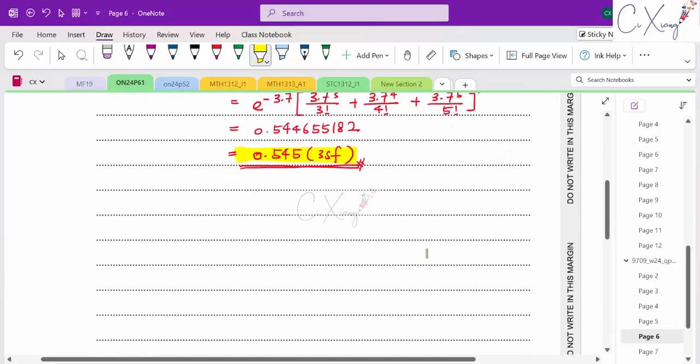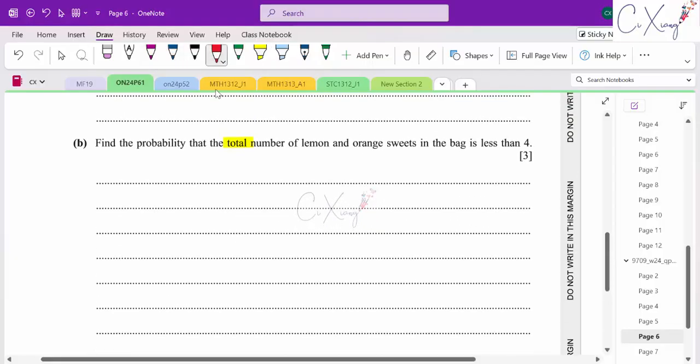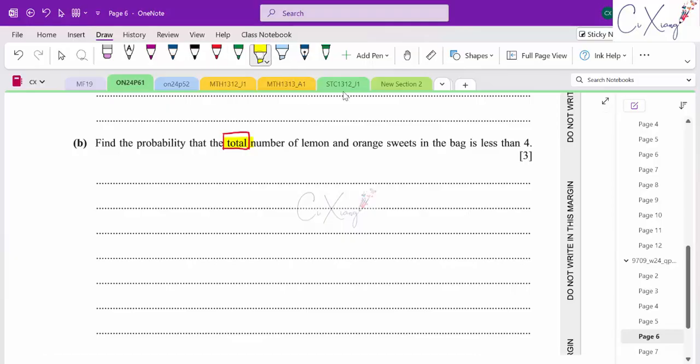Then let's have a look at part B. Find the probability that the total number of lemon and orange sweets in the bag is less than 4. Okay, so highlight the keyword total. They are interested in one bag, so only one bag has less than 4. Total means you have to add the lemon and orange together. I put R as orange, because O is very confusing sometimes.